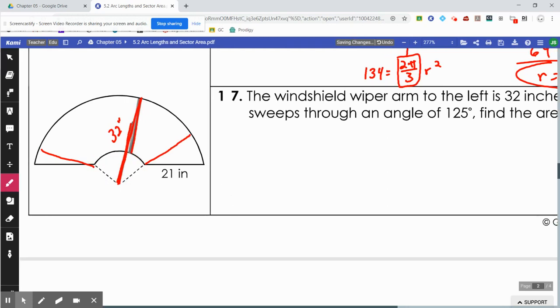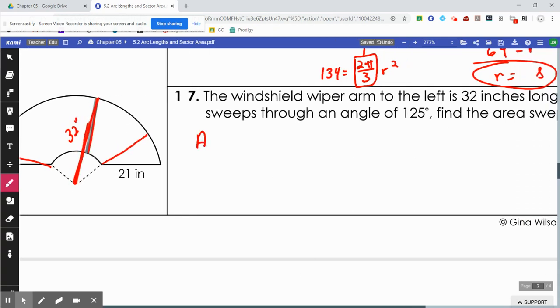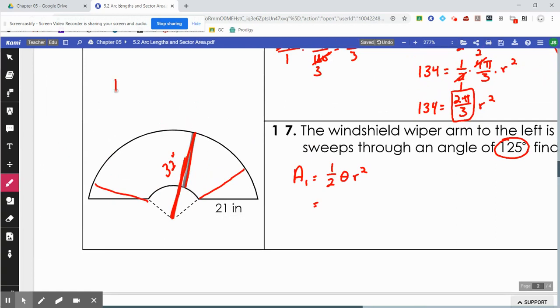So we're going to go ahead and find the whole area for the entire arm, which is 32 inches. The area, we'll call it area 1, is going to be, again, 1/2 theta r squared, where the angle that it sweeps is 125 degrees. Let's come over here to the side: 125 degrees times pi over 180. Degrees cancel. Reduce that, that's going to be a 25, and this will be a 36 when you divide by 5.